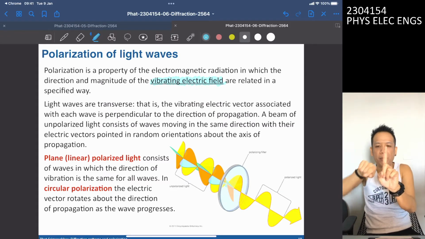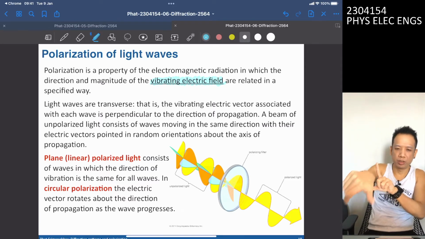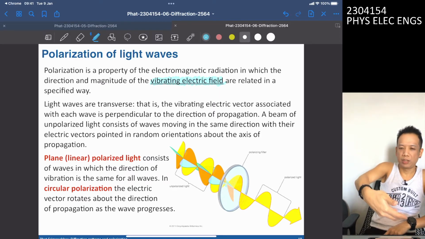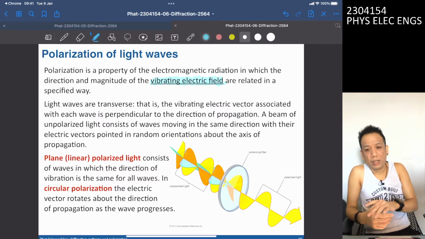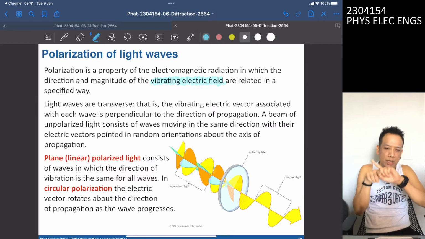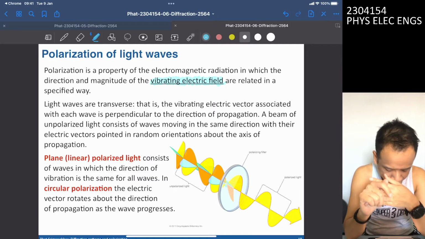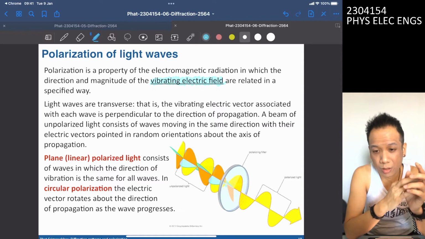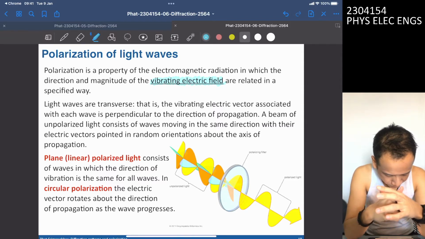E and B can be in this way. This is E cross B, so it could go out. It can be this way, this way, this way. So it can be in any orientation. That's fine, because when you have E, you need to control B, and then E cross B gives you the direction of propagation. So it has a free choice of direction.